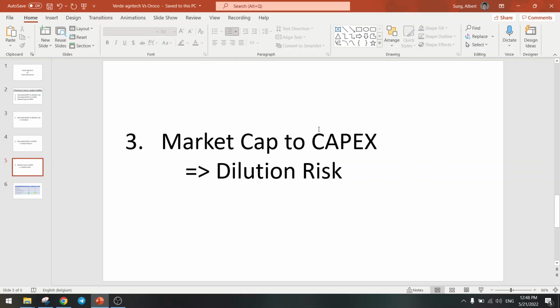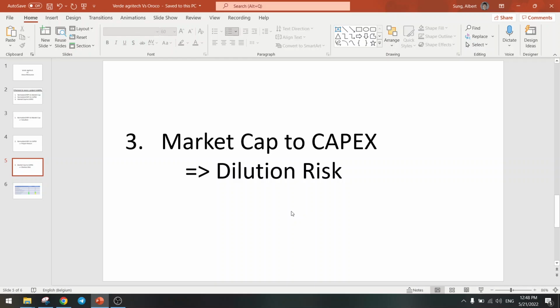Let's say you have a very high CAPEX, but your market cap is tiny. That means there is a lot of dilution risk to the shareholders, because to bring this project into production, you will need to get money. You need to get this CAPEX in. And if it's very high, then you have a lot of dilution risk.